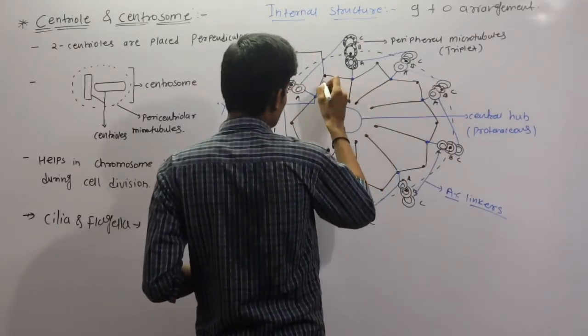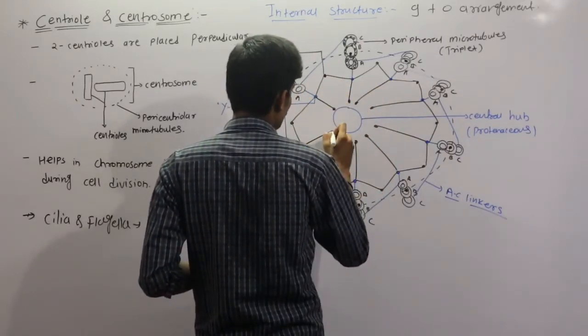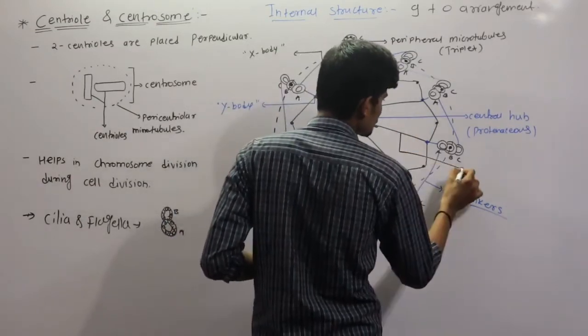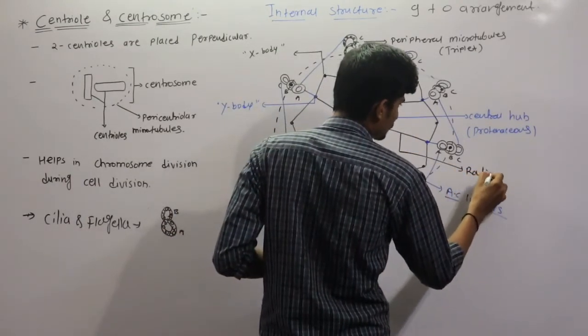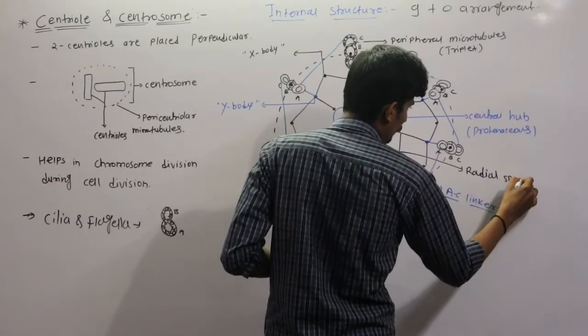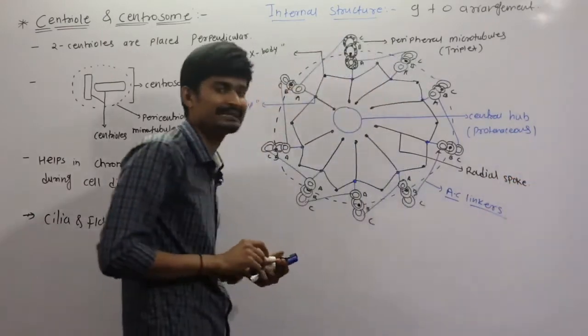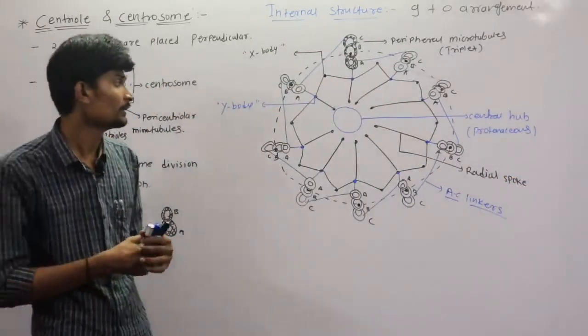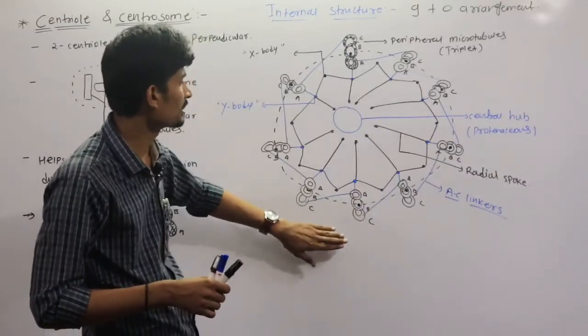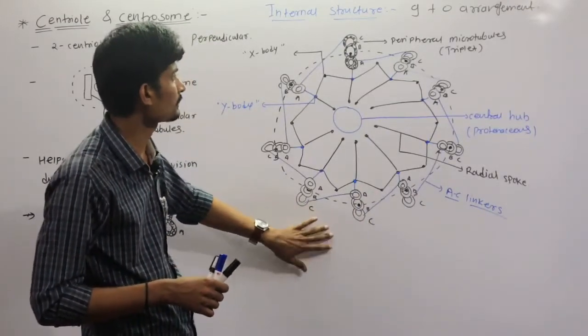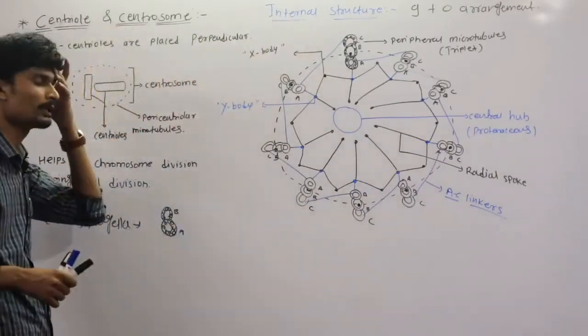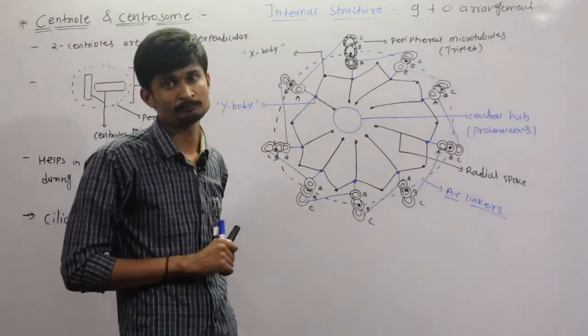So this one is a radial spoke. Okay. So this is the complete internal structure of the centriole and the centrosome.